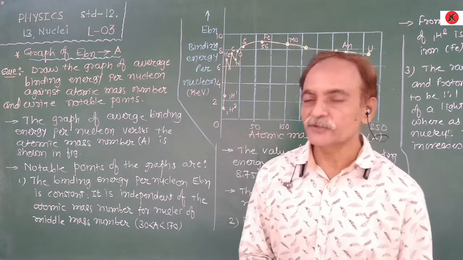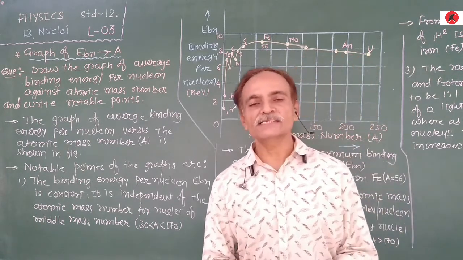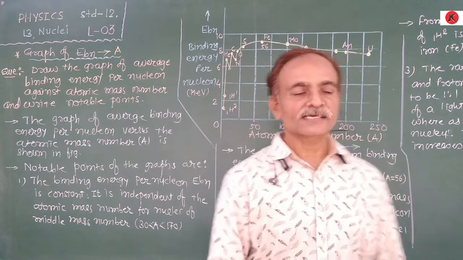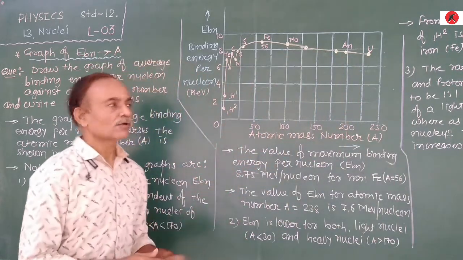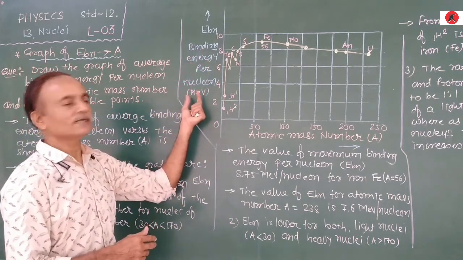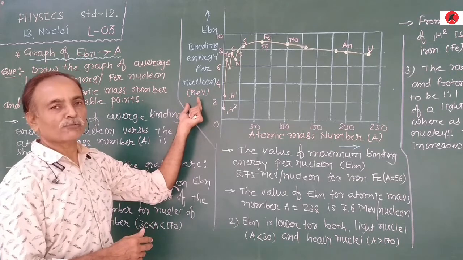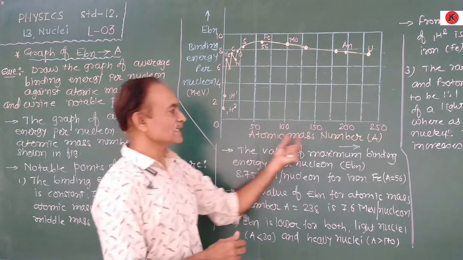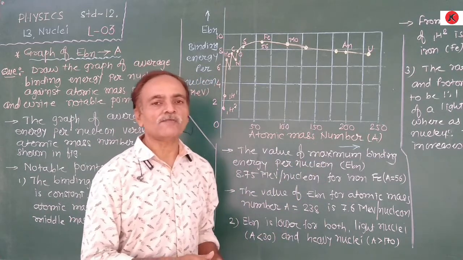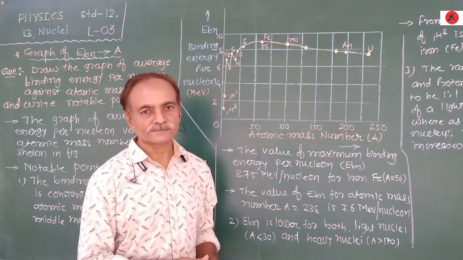For that purpose, we draw the graph of binding energy per nucleon versus atomic mass number. The graph is shown in the figure. On the y-axis, we take the binding energy per nucleon in MeV, while on the x-axis, we take the atomic mass number A of the different elements.